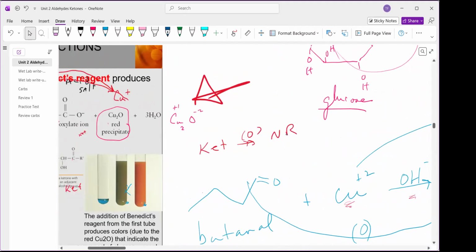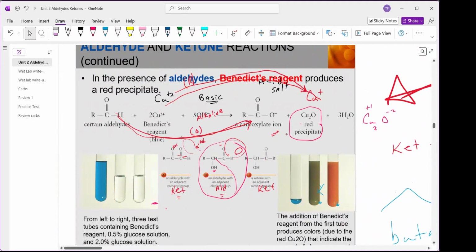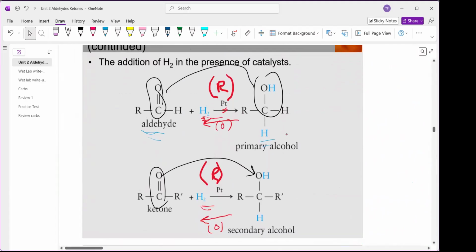Okay, so aldehydes and ketones can also be reduced to an alcohol. When the reduction happens, we're adding the hydrogen rather than taking it away.